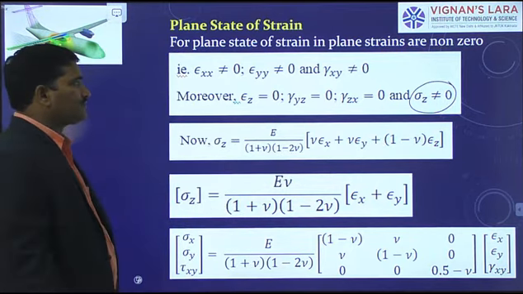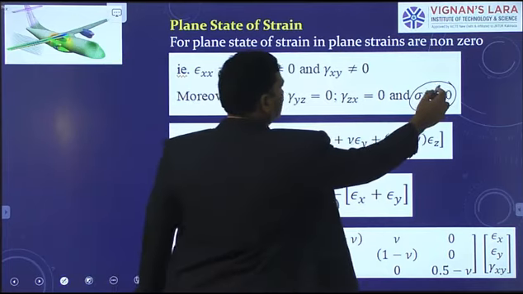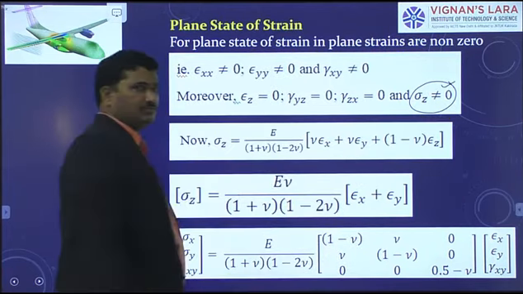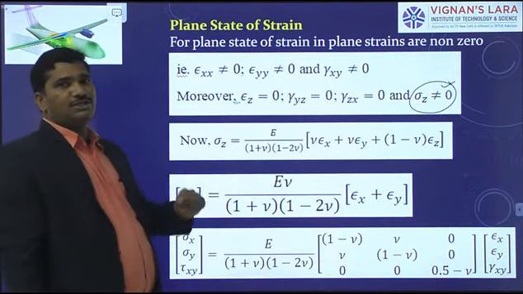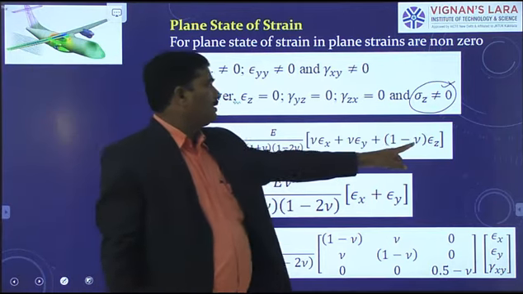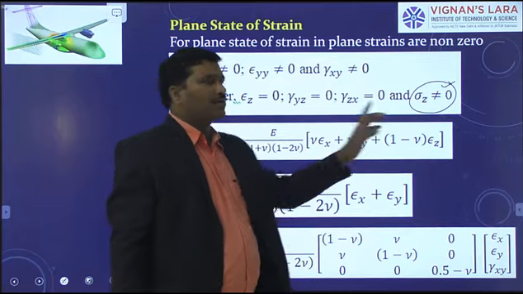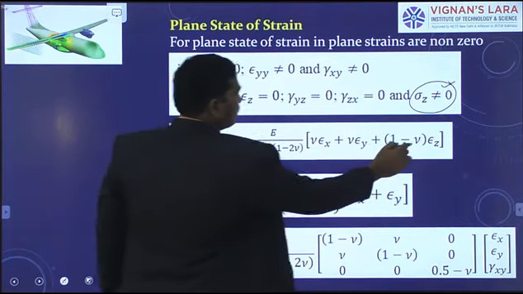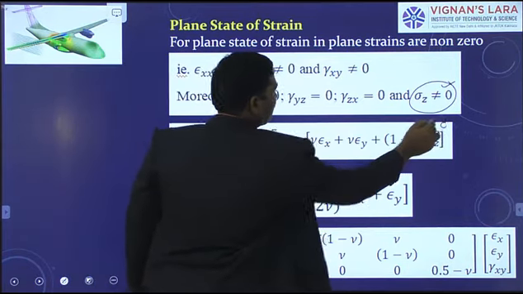For plane state of strain, sigma zz is not equal to 0. Why it is not equal to 0, that we see here. Because epsilon zz equals 0, put this epsilon z equal to 0.